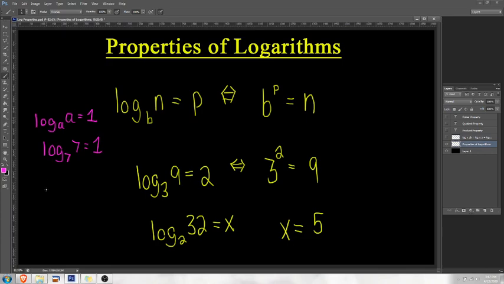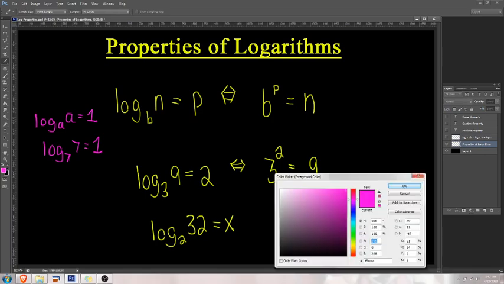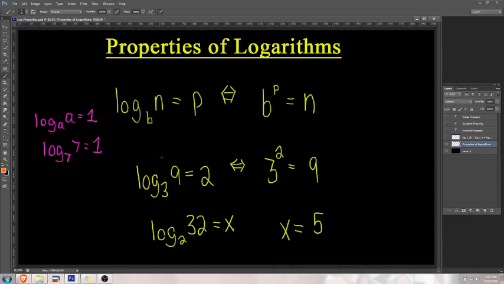And it also gives us another little property that we can use. We'll use orange here. If you've got the log base b of 1, and b can be anything you want, we know what that exponent is.